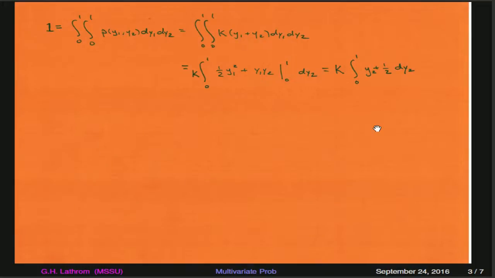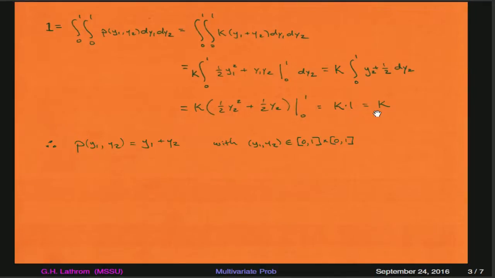So again, doing the second integration, we've got k times (1/2 y sub 2 squared plus 1/2 y sub 2), evaluated between 0 and 1. Well, if we plug in 1 and subtract what we get when we plug in 0, we get simply k for that value. And so we see that k ends up being a value of 1. What this means is that our joint probability density function, p of y sub 1, y sub 2, is really nothing more than y sub 1 plus y sub 2.